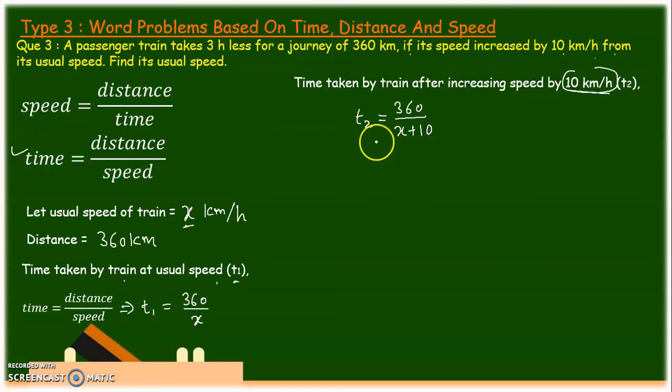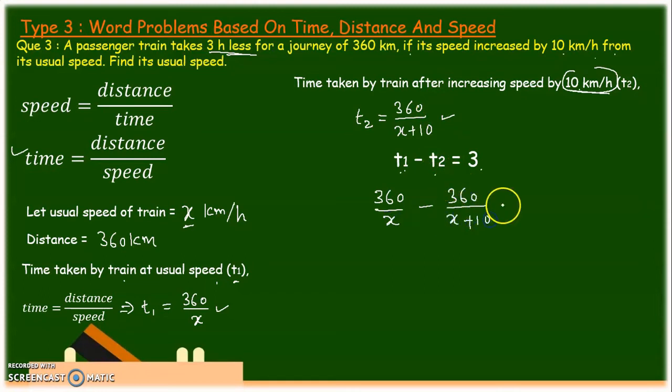Okay. Now it is given that the passenger train will take 3 hours less if its speed is increased by 10 km per hour. It means at usual speed it takes t1 amount of time, and if speed is increased by 10 km it takes t2 amount of time. Means t1 minus t2 will be equal to 3. So in place of t1 we put 360 divided by x, minus 360 divided by x plus 10, is equal to 3.